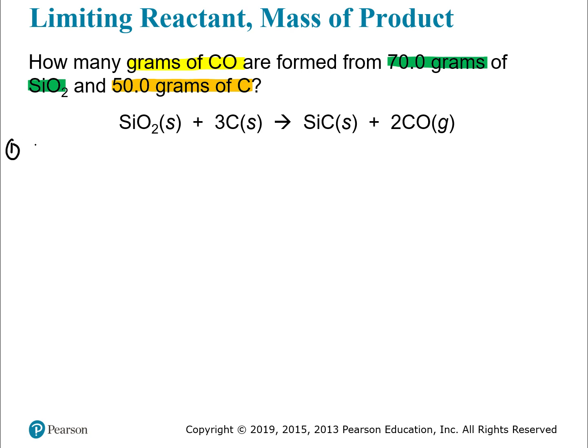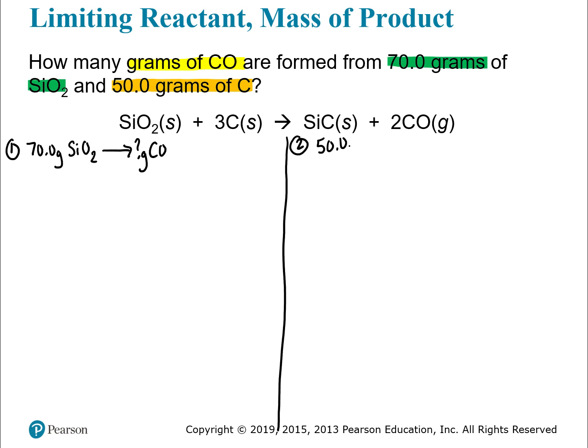The first question, if I have 70 grams of silicon dioxide, how many grams of carbon monoxide do I make? That's one question. The second question is, if I have 50 grams of carbon, how much carbon monoxide do I make?